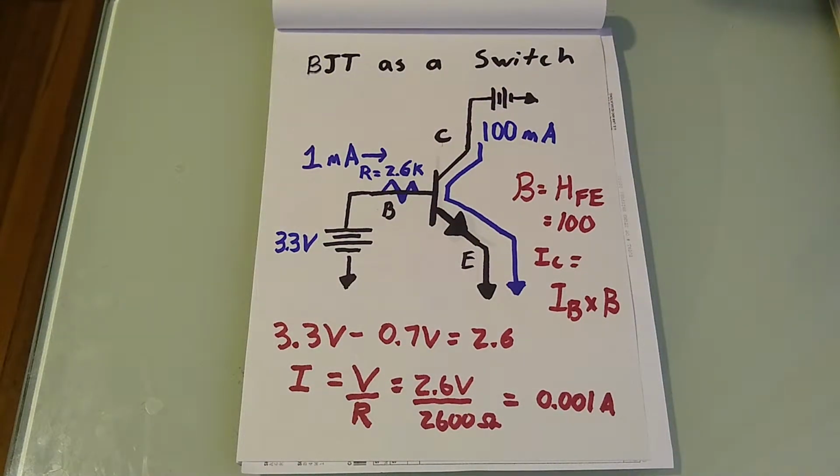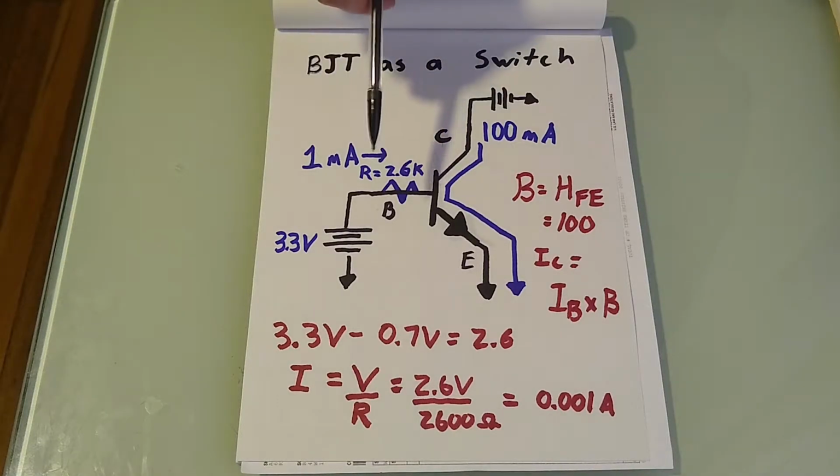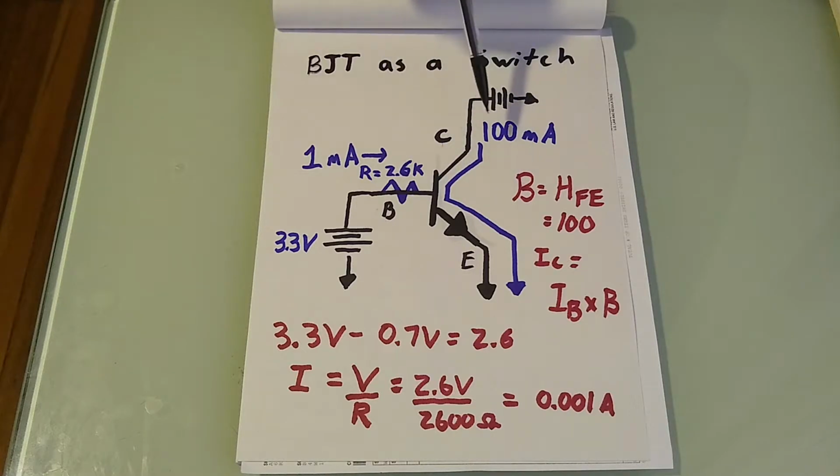Okay, so for a BJT transistor to act as a switch, it needs to be in saturation mode. Saturation mode is when the base current reaches a level such that any increase does not increase the collector current.